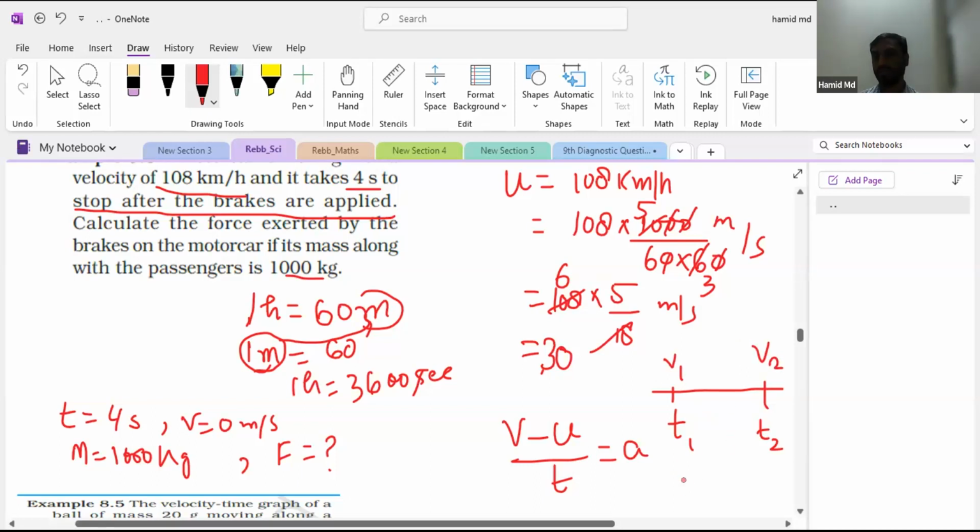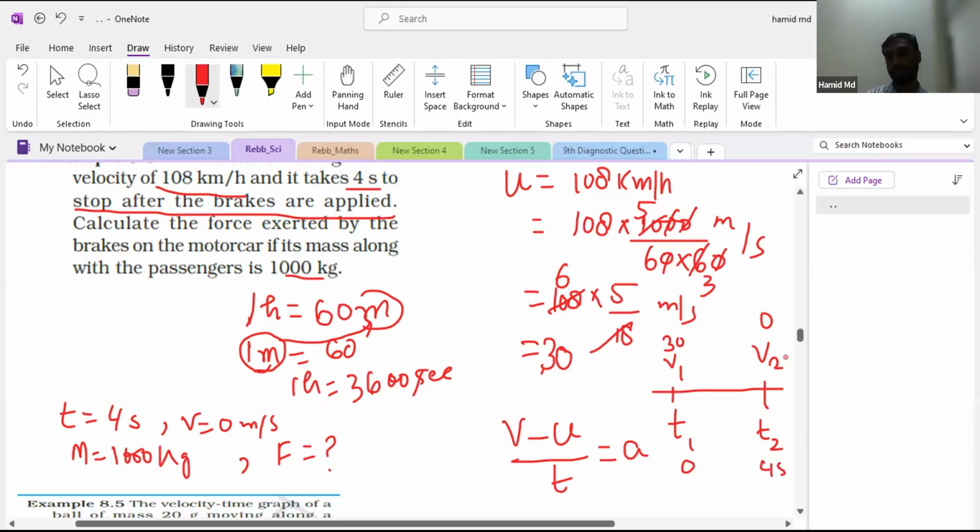This v2 is v, which is 0, and v1 is u, so it's 30, right? Yes. Say t1 is 0 and t2 is 4 seconds, right? Is there any confusion? No, sir.